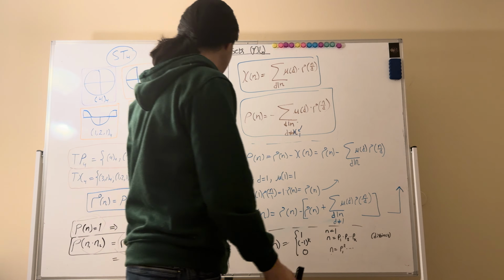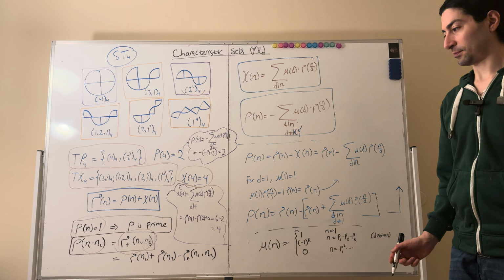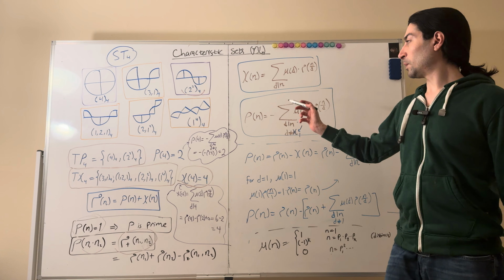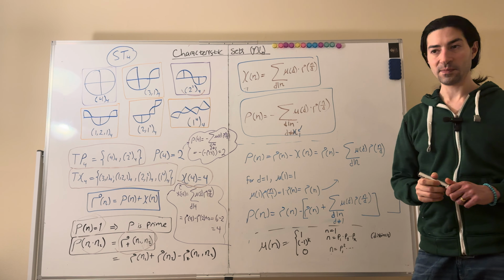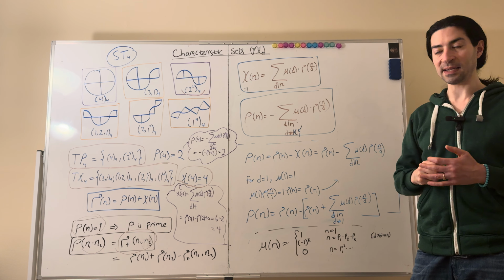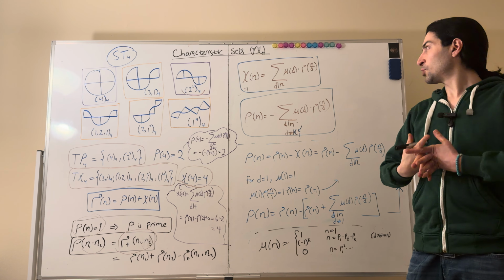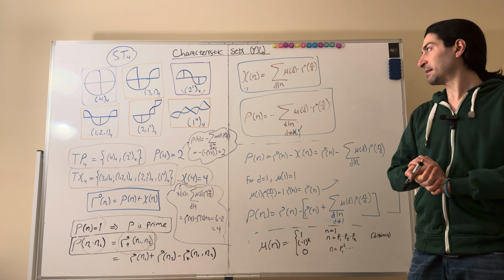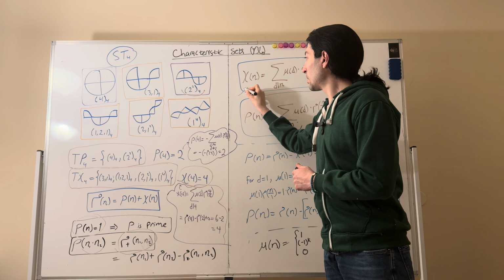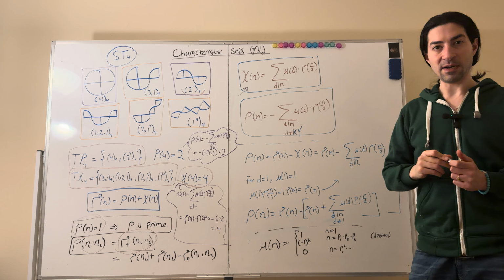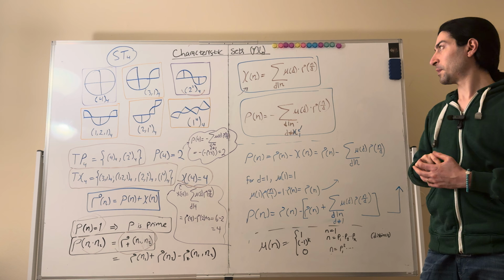We will begin by focusing on the chi of n, because that's the characteristic set. So we will notice that chi of n follows a very clear pattern in this case.